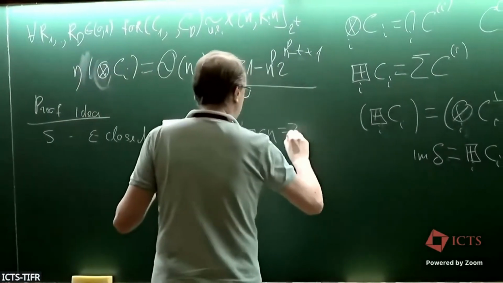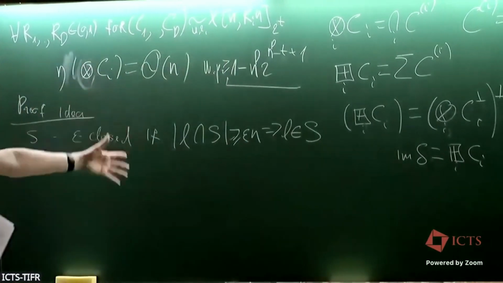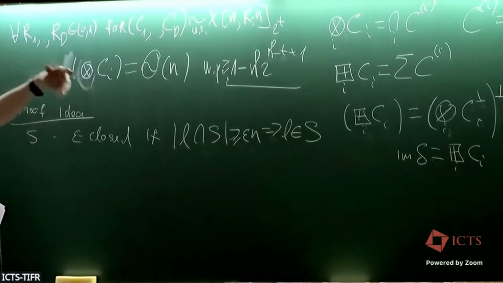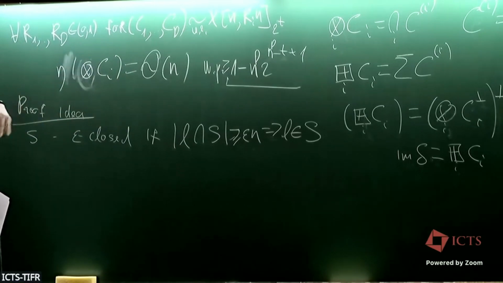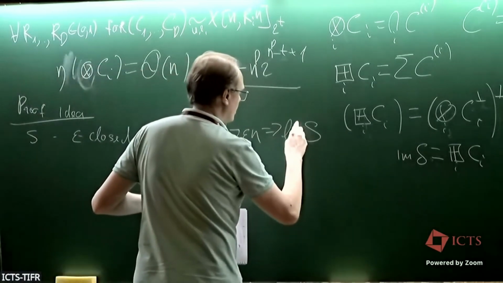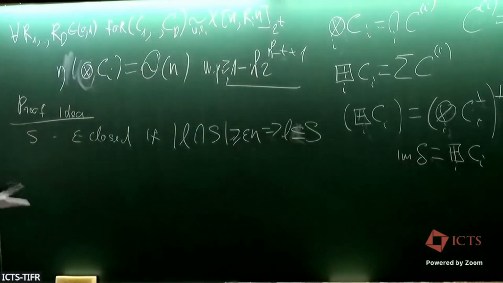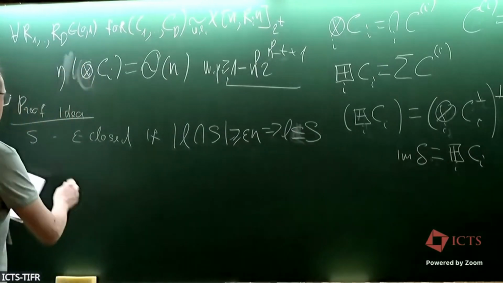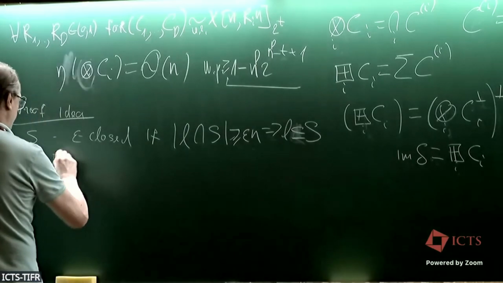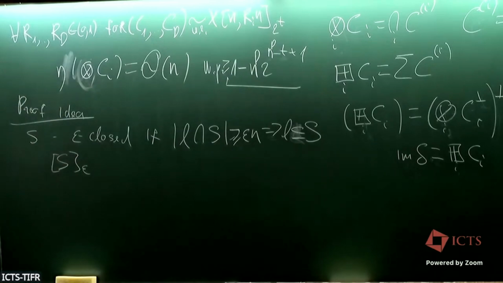And this means that the line L is in S. So this is a special combinatorial property of a subset of the n-dimensional grid. If we have a line that intersects a lot, this line should be a subset of this S. We call this epsilon closed, and we can also, of course, define the epsilon closure as the minimal subset that is epsilon closed and contains S.